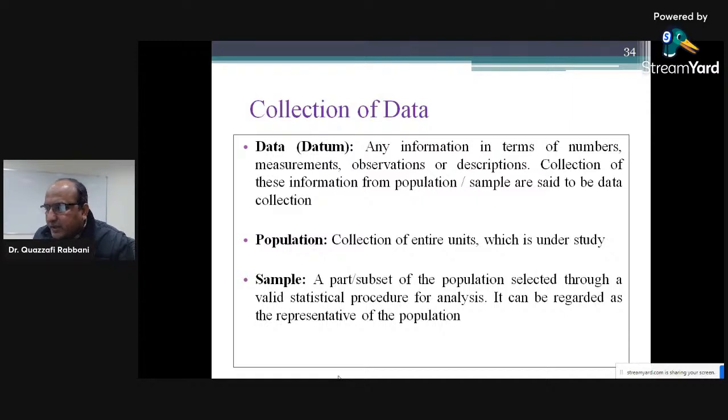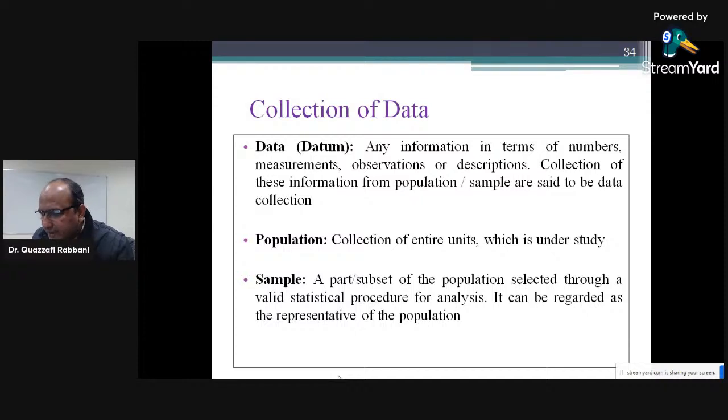So data is defined as any information in terms of numbers, measurements, observations, and descriptions. Collections of this information from the population or samples is said to be data collection. So actually, data is information, numbers or values which give complete information.